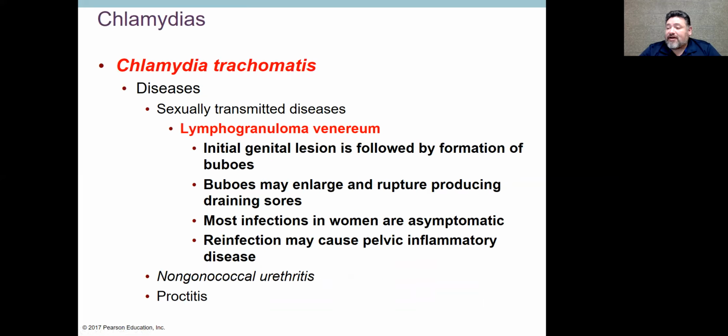So consequently, there is a red rash and inflammation associated with this infection. Okay, one of the main manifestations is called lymphogranuloma venereum, and it consists of genital lesions followed by buboes. What's a bubo?